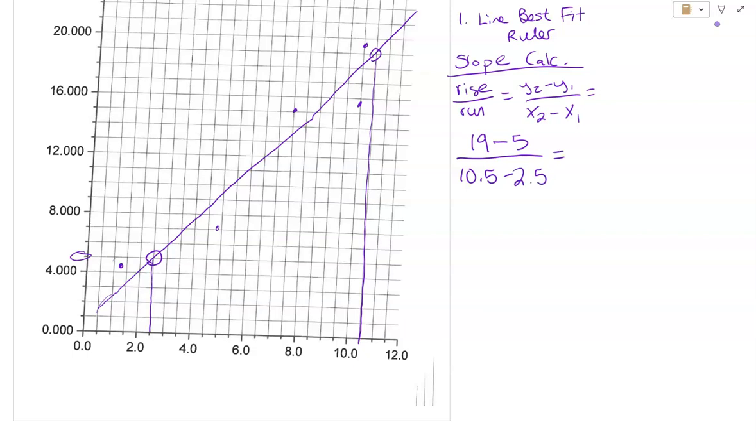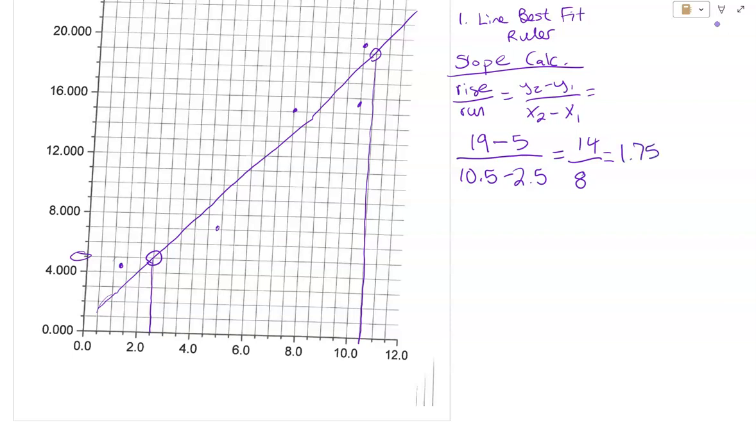19 minus 5 gives me 14. 10.5 minus 2.5 gives me 8. Do not leave any fractions. Always change it to a decimal. 14 divided by 8 is 1.75.